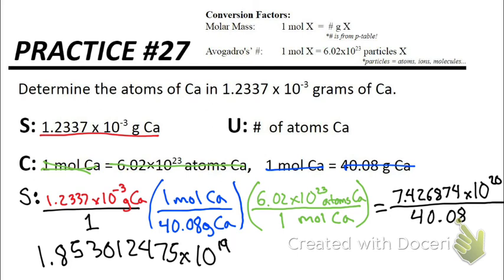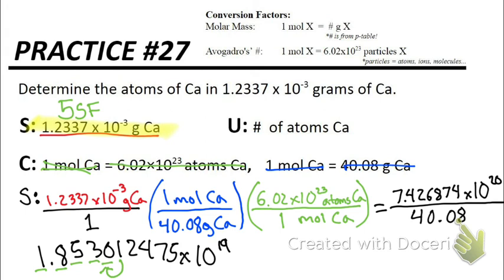And this is kind of a ridiculous number. So remember, we want to round our final answer according to the rules of sig figs. We always want to match with what we started with. We started with 5 sig figs, so we want to end with 5 sig figs. Underline your top 5 placeholders, and then round up or down, depending on the next number.